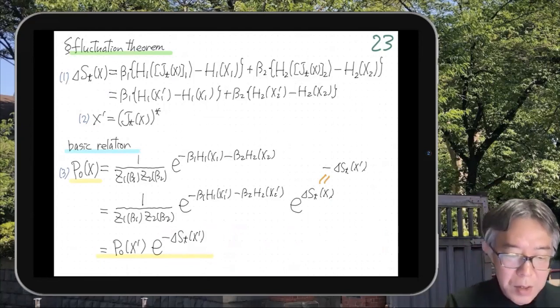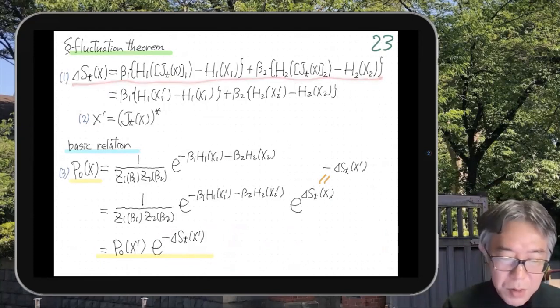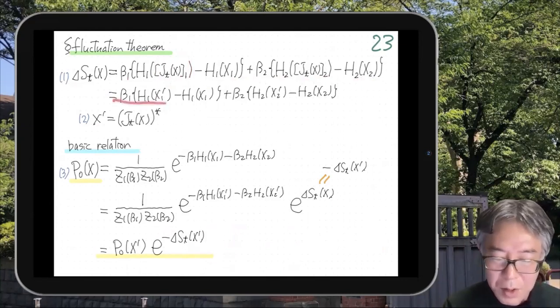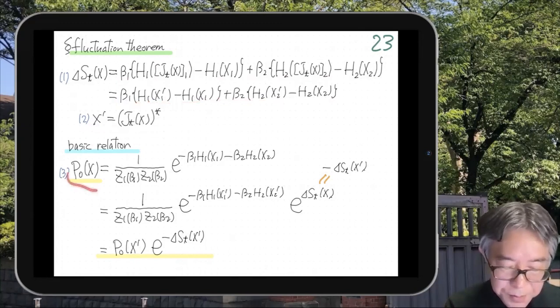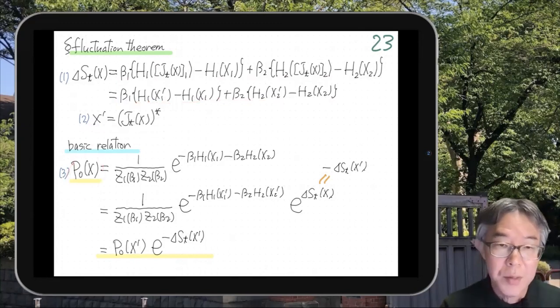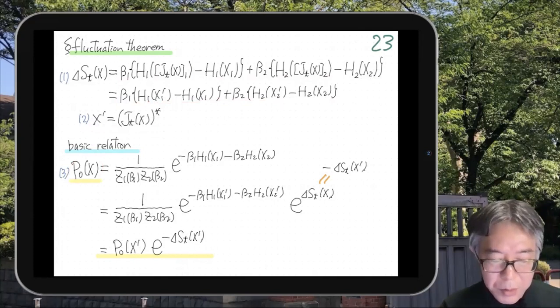Now I'm going to discuss the fluctuation theorem, derive the fluctuation theorem. First of all, this is our definition of entropy production. And if you recall the definition of prime and time reversal symmetry, you find that it can be written this way. This is just the definition. And here's the basic relation. The trick is very much similar to what we used in the Jarzynski equality case.